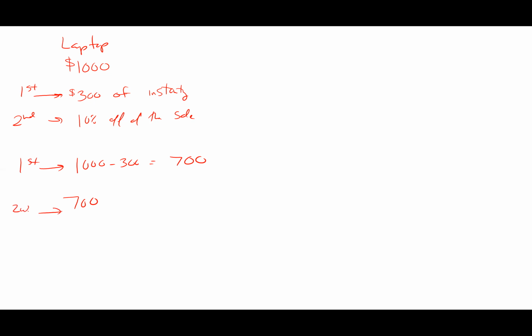Second step, we take 10% off of the 700. 10% of 700 would be 70, so 700 minus 70 gets you 630. So our $1,000 laptop, we get to take home before taxes at 630 bucks.